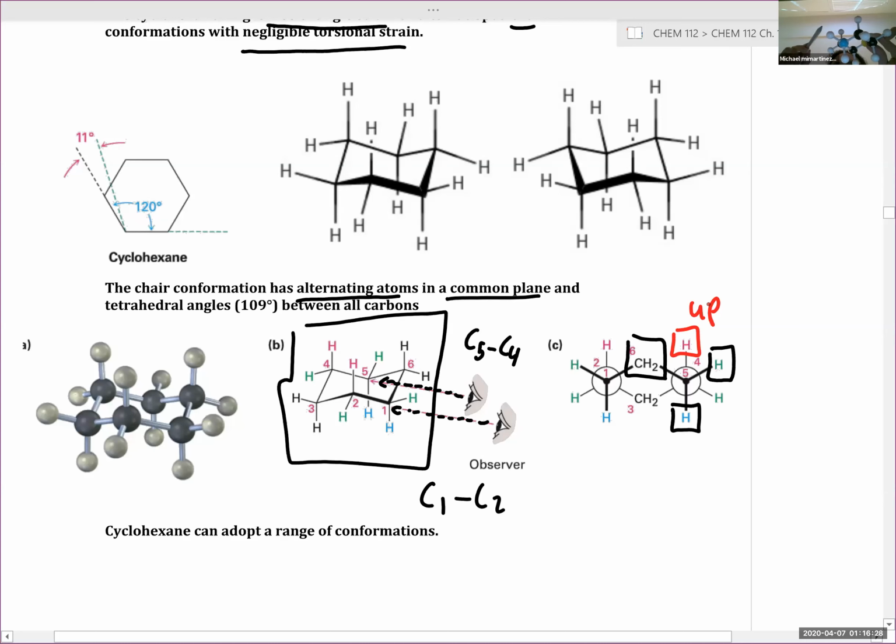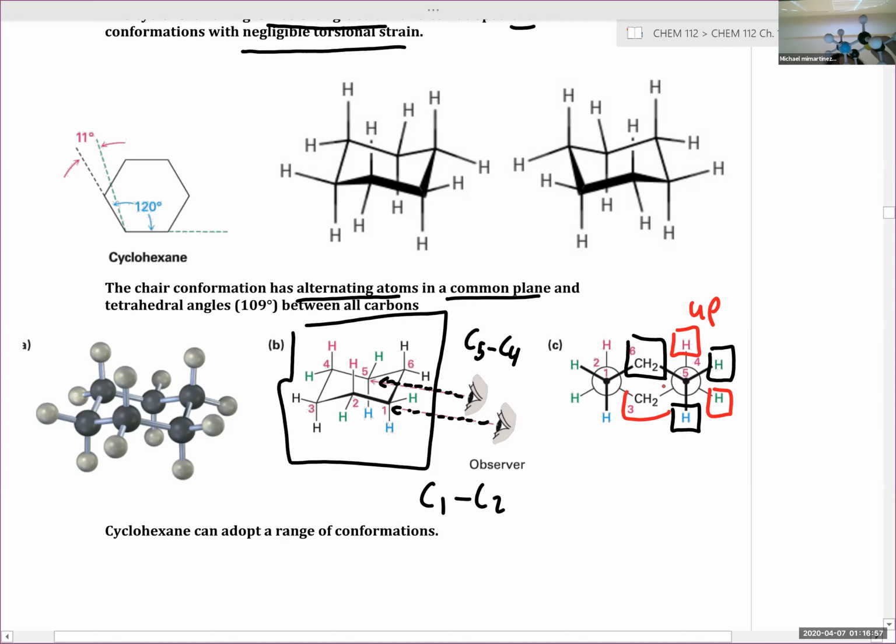We also have a hydrogen right here on carbon 4 that's pointing to the right. And finally, if we look at the methylene all the way in the back, compared to this hydrogen, is this methylene up or down? Yep, I see a lot of downs.